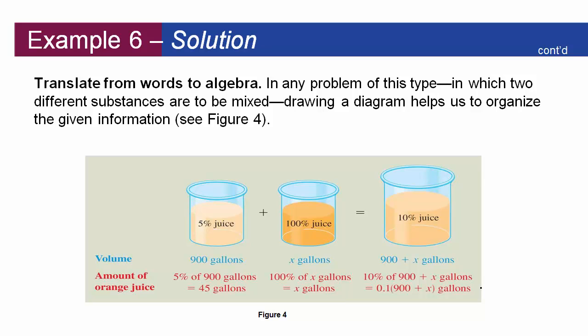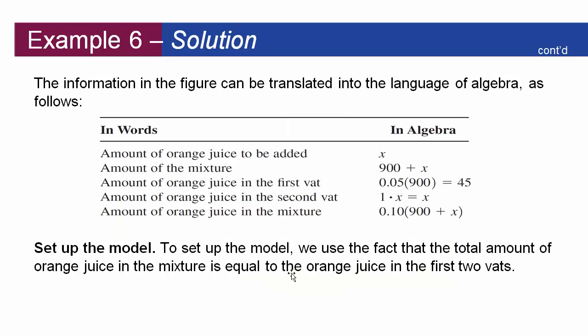But more importantly, our finished mixture needs to be 10% orange juice, right? So if we take 10% of the 900 plus X, that gives us another equation: 0.1 times this has to be the same thing as 45 plus X. And that's where the hidden equation comes from, right?